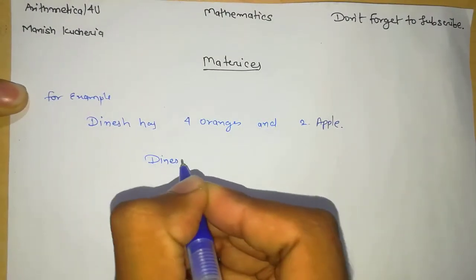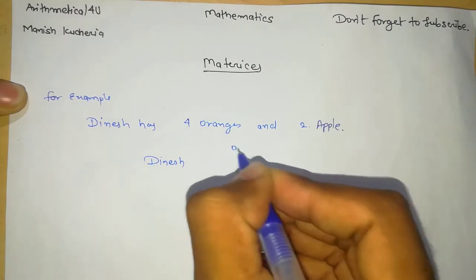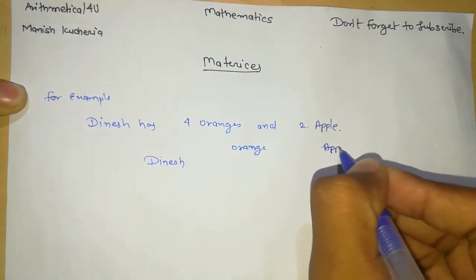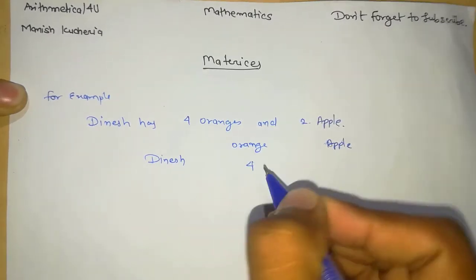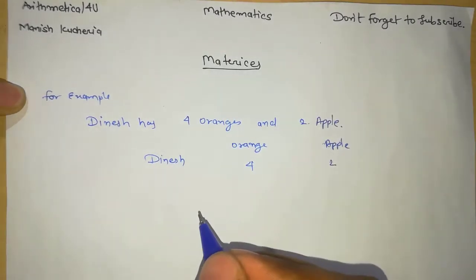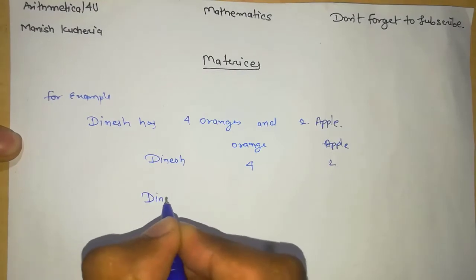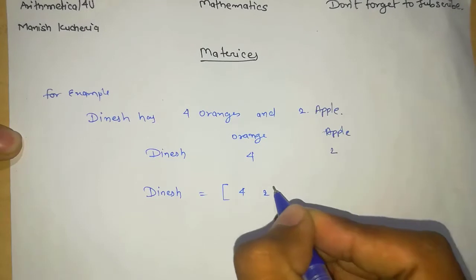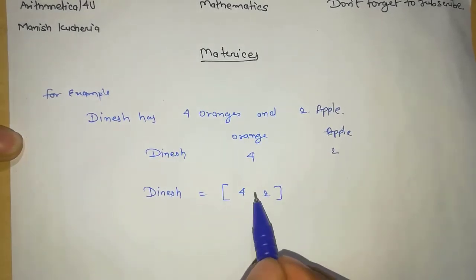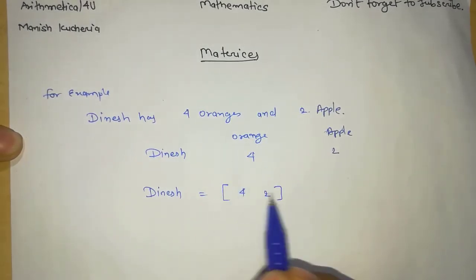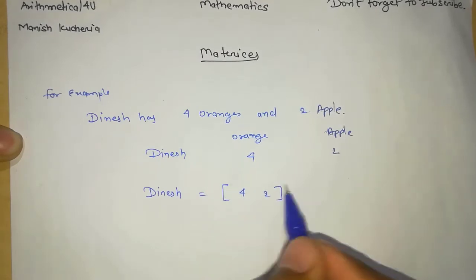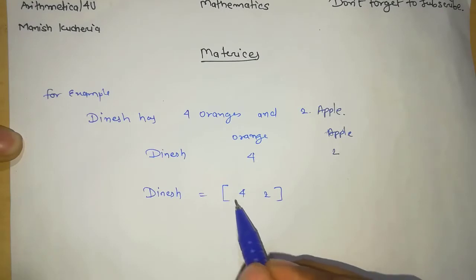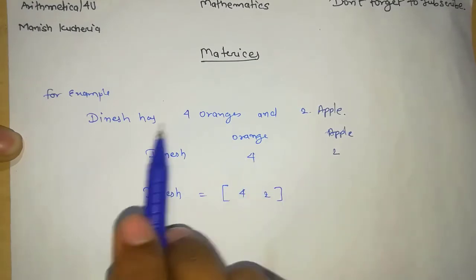We write orange and apple and the amounts 4 and 2, or we can say Dinesh equals 4 and 2. This is the representation of a matrix, where the brackets show the matrix, and the columns and rows show the data of the matrix.